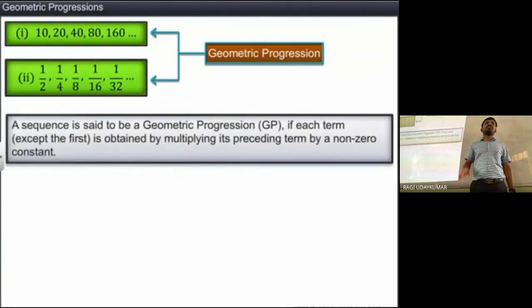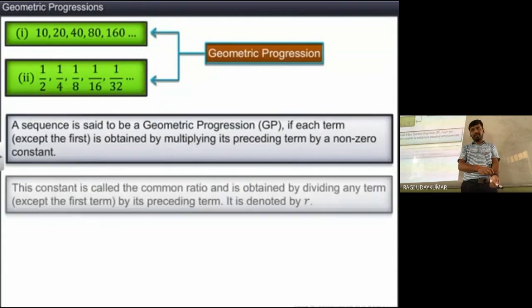A sequence is said to be a geometric progression if each term except the first term is obtained by multiplying the preceding term by a non-zero constant. Zero should not be multiplied, because multiplying by zero would make everything zero.